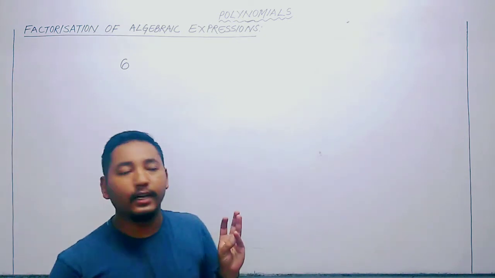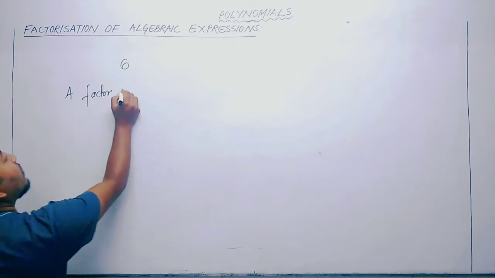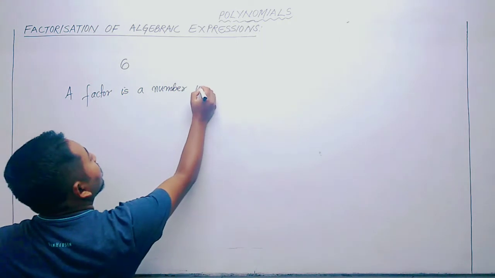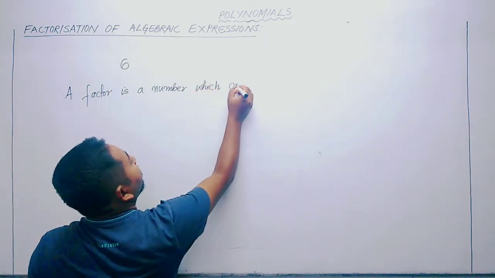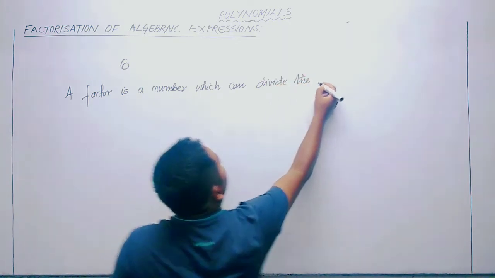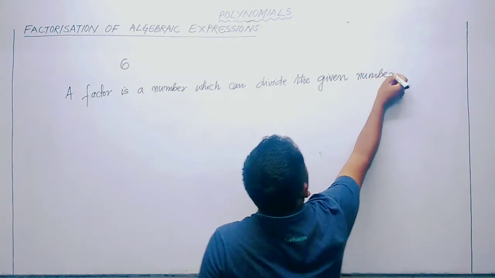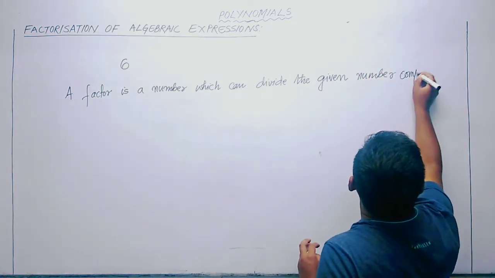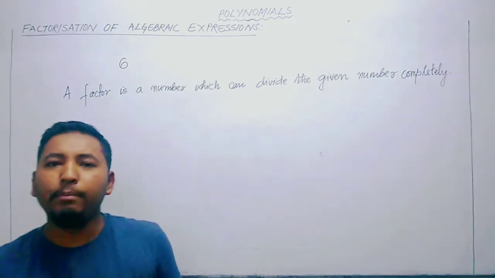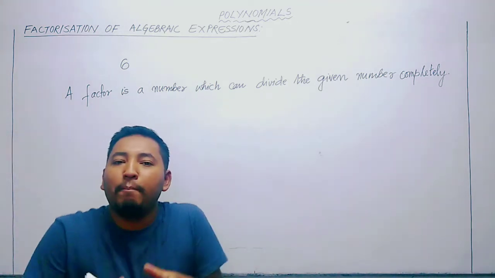A factor is a number which can divide the given number completely. In simple terms, a factor is a number which can divide the given number completely.